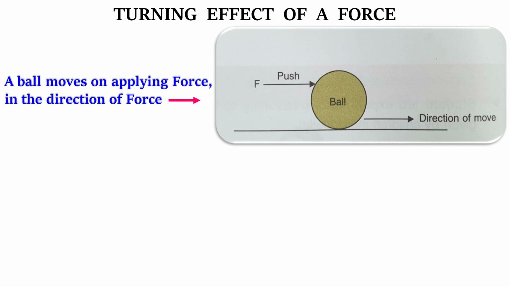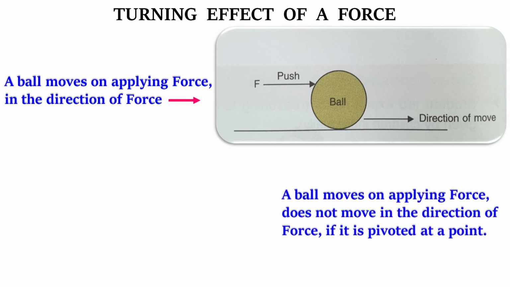Now we will see another figure in which the direction of force is something else, but the ball is taking a turn. Why does it turn? There is a reason behind it. If you apply force on a ball which is at rest, and you notice it does not move in the direction of force, then what is the reason behind it?